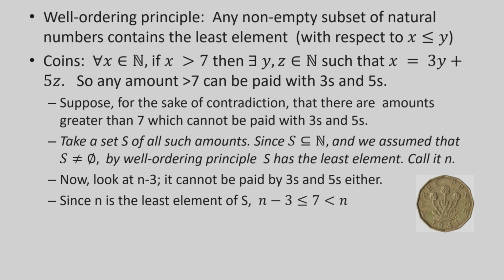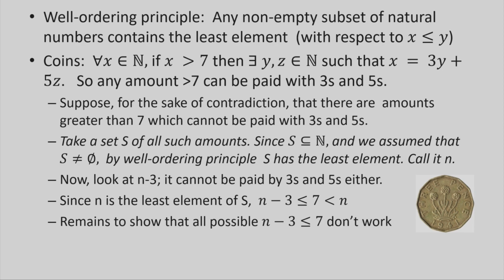So here is our setup. n is greater than 7 and it cannot be paid with 3's and 5's. n minus 3 is less than or equal to 7 and should not be payable with 3's and 5's. If n minus 3 is payable with 3's and 5's, we just add an extra 3 cents and we get n, and we assumed that we cannot do it.